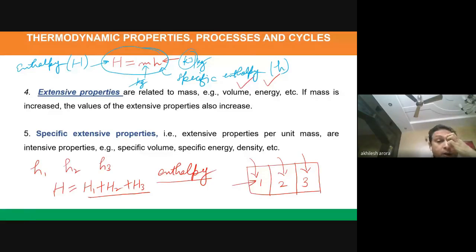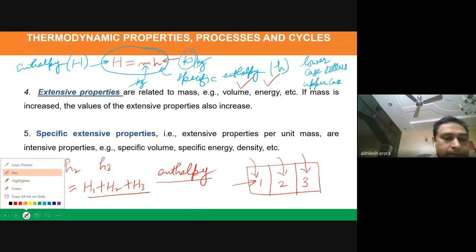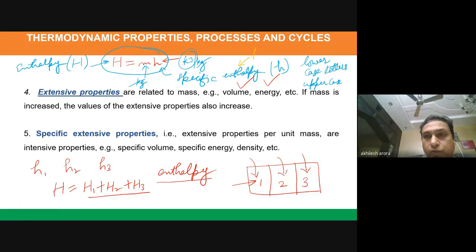So sometimes when I talk about the intensive and the extensive properties, I will always define intensive properties by lowercase letters. You should remember this. And for extensive properties, we will use uppercase letters. So as I told you, specific enthalpy is small h, whereas the total enthalpy is capital H. So you should remember this difference between specific properties and total properties.